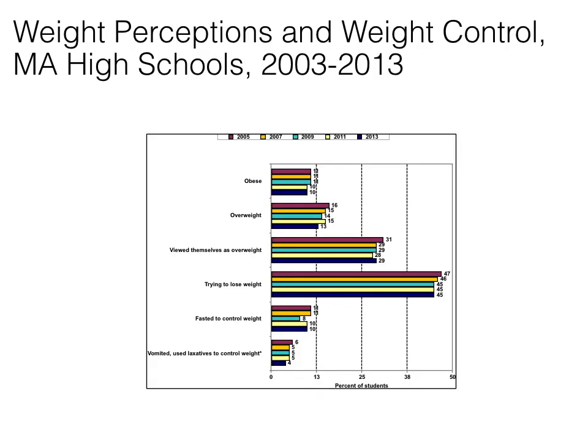This slide and the next slide are very similar. This looks at weight perceptions and weight control in Massachusetts high schools between 2003 and 2013. It's a little bit small, and I know the colors are a little hard to tell, but the purple represents an older time period, whereas the very dark bar at the bottom refers to the most recent time period.